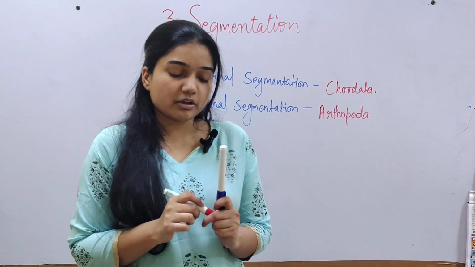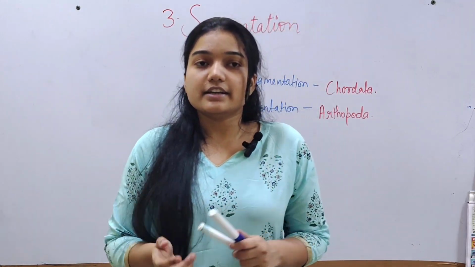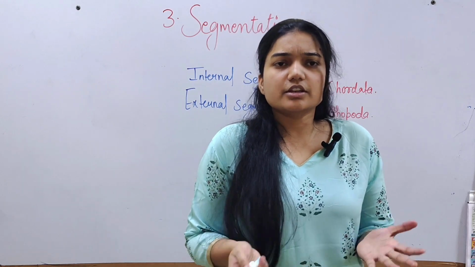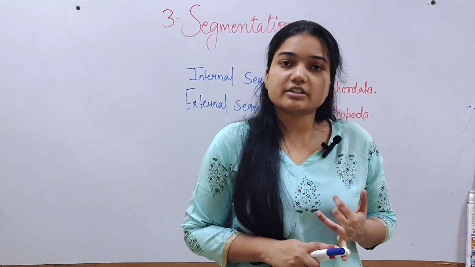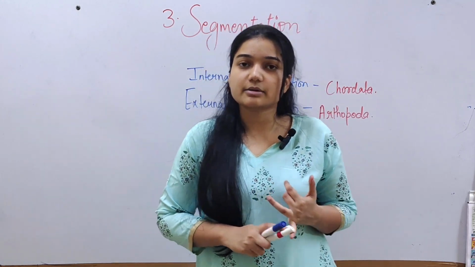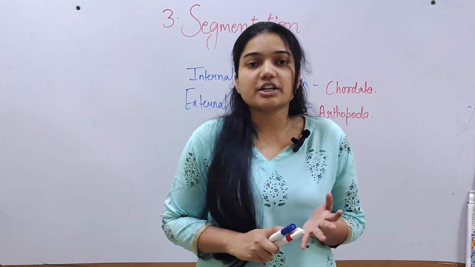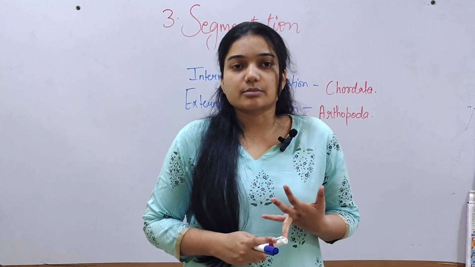Now I complete the third topic, which is segmentation. It consists of different types of segmentation. First is the metameric segmentation. Second is the pseudometameric segmentation. Third one is external segmentation, and fourth one is the internal segmentation.